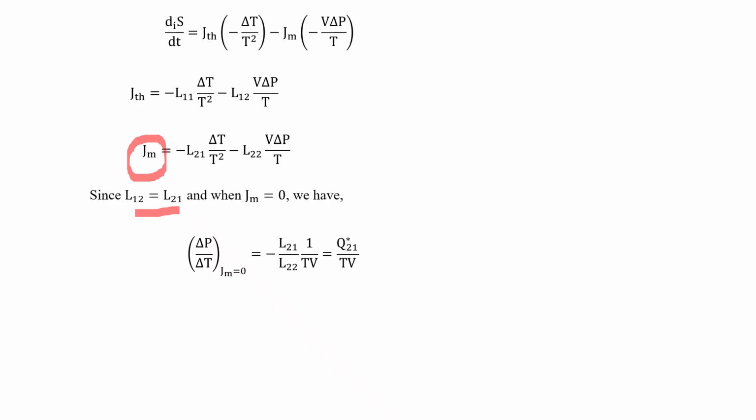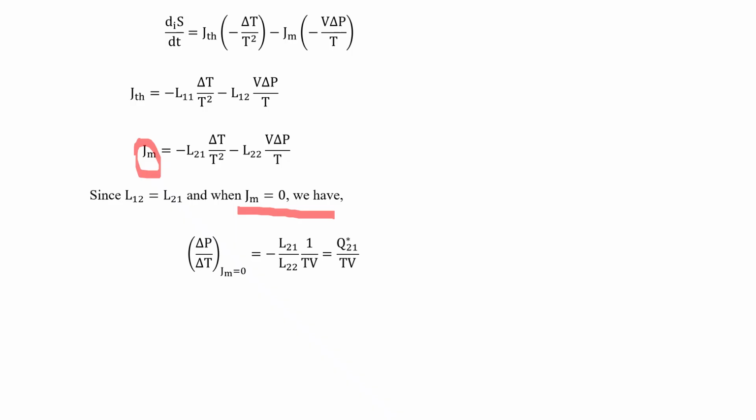So at steady state, there will be no flow of matter at that juncture. Now you can see when the Jm is equal to 0, obviously L21 will be equal to L12.